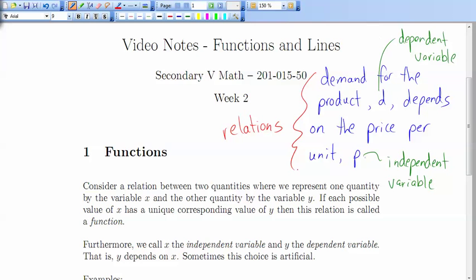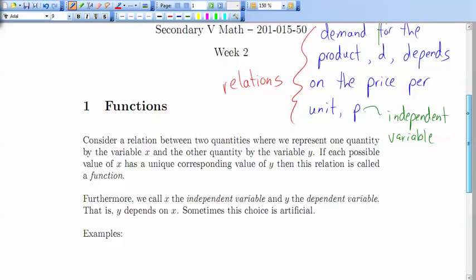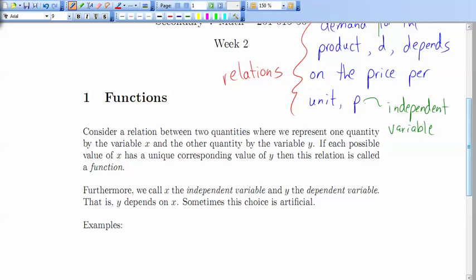However, if I want to talk about functions, they are very special types of relations. They have the very special property that for each possible value of our independent variable, we get a unique value of the dependent variable. When that happens, we have a function.